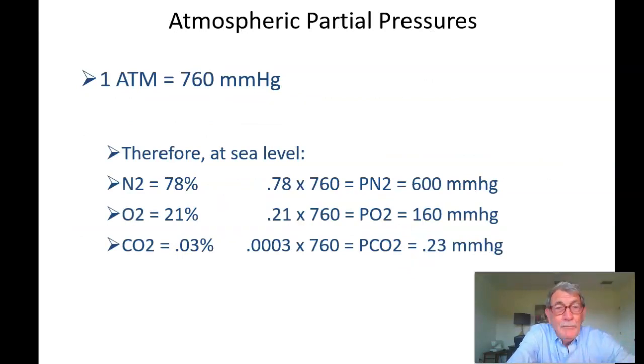Knowing that, we talked about 1 atmosphere of pressure at sea level being 760 millimeters of mercury. So when we talk about just air pressure, if you're moving air in and out of your lungs, if your lungs are 761 and outside is 760, you have a pleural pressure 1 higher than outside, and it'll blow some air out.